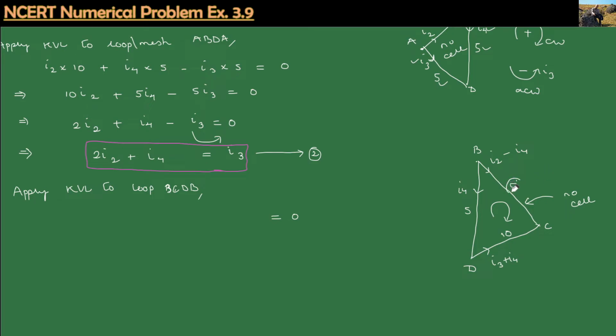If you multiply resistance with current, that gives the voltage drop across branch BC.